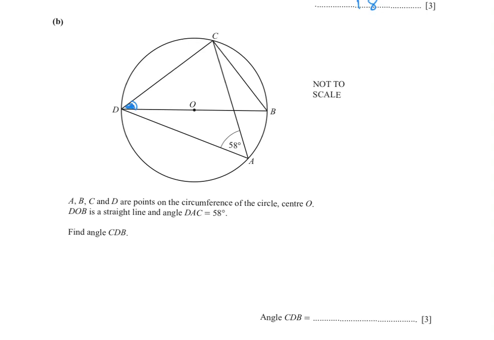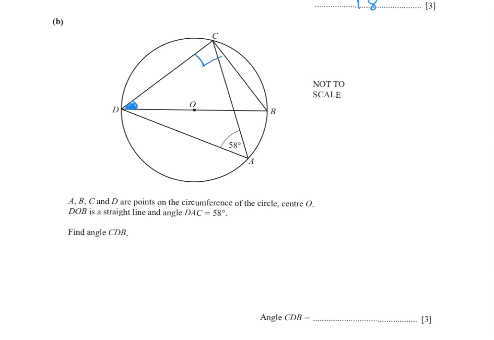B, find the angle CDB. How to find this angle? AB, DB diameter. If DB is a diameter, so this angle is 90. The circumference angle opposite to the diameter measures 90.